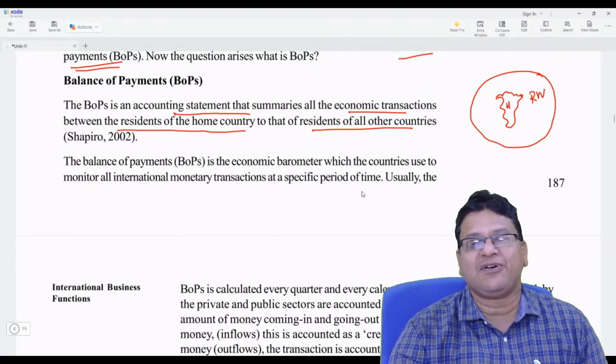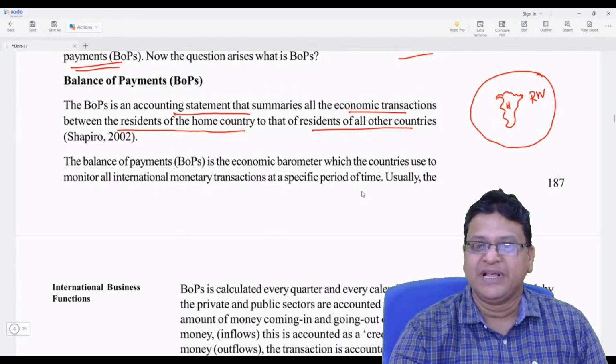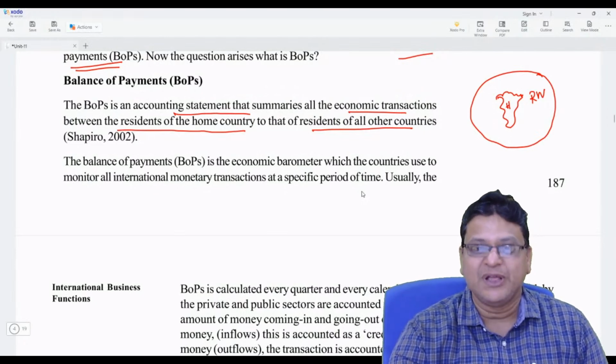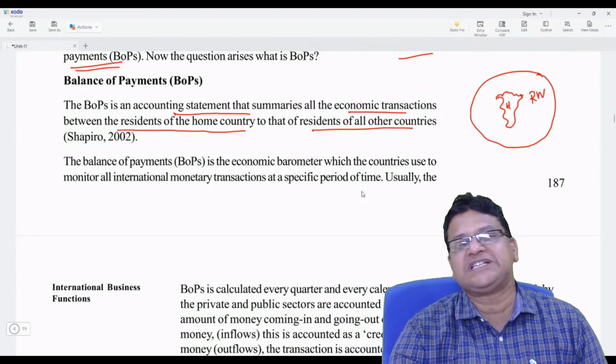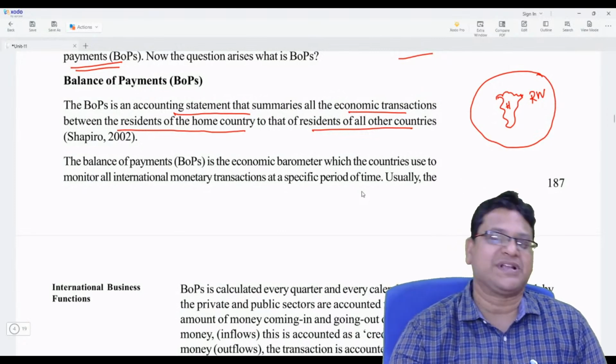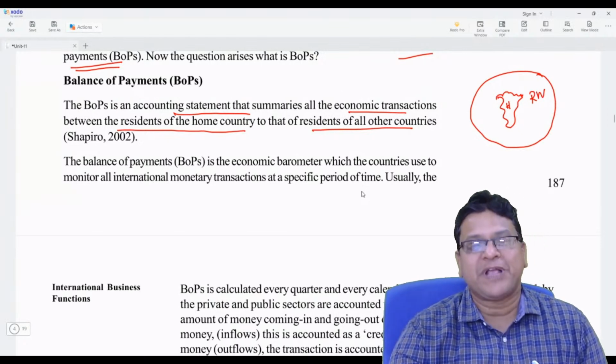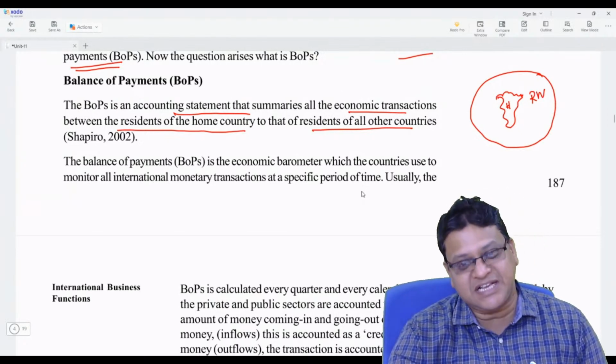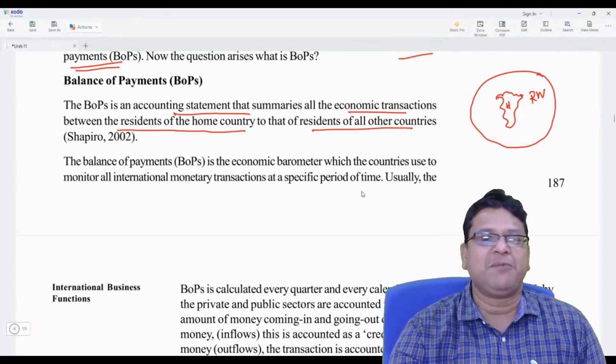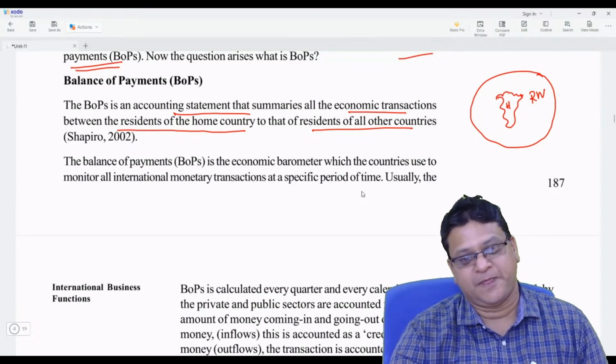BOP records the transactions made between residents of the home country and the residents of the rest of the world or all other countries. So BOP is a statistical record of a country's economic transactions occurred during a particular period of time.